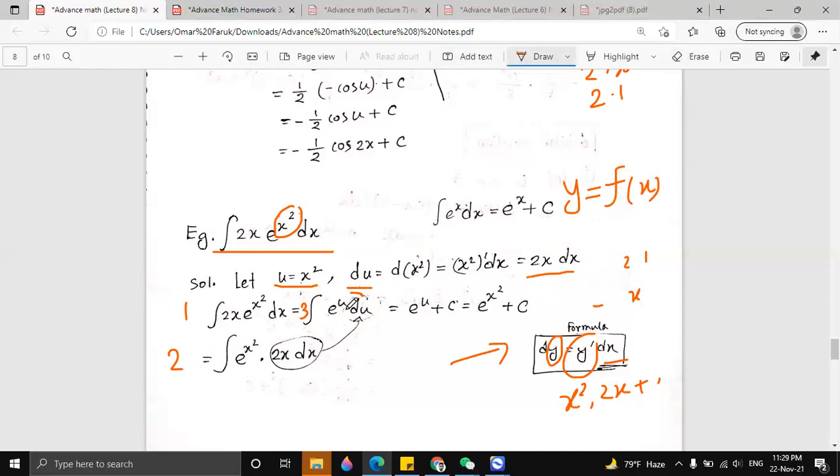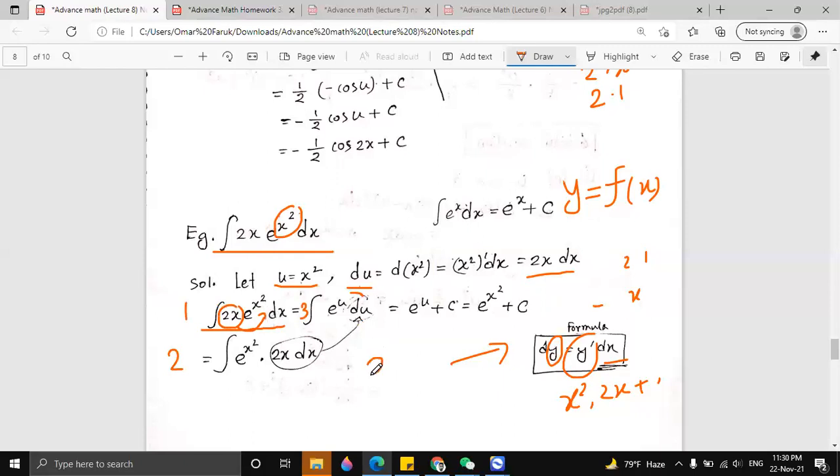So the thing here is we have integration of 2x e to the power x square dx. So we let x square is equal to u, right? Here, not the first stage, we let it later on. So we just take this 2x closer to dx, okay?